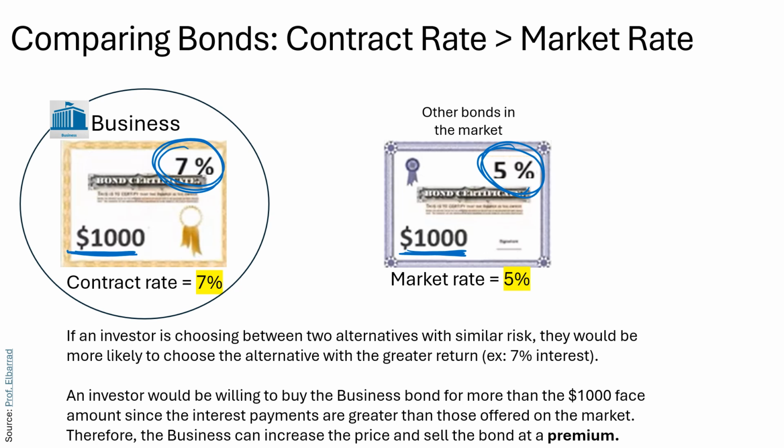So a rational investor would choose the investment that would be most valuable to them, which is the one that would provide 7% interest annually versus the 5% that other corporations are offering. So looking at the two alternatives, investors would be more likely to choose this option for the 7% annually.